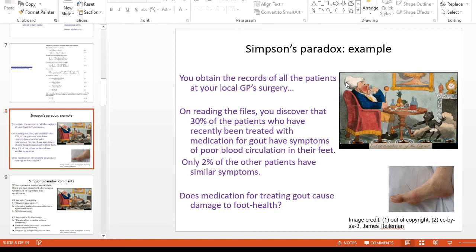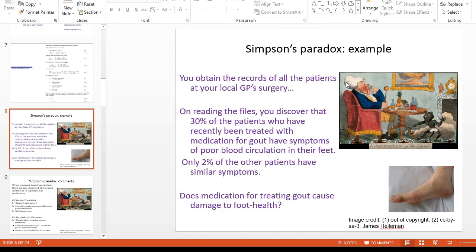Or in other words, do you believe the theologian Martin Luther, who said that medicine makes men sick? Is that the conclusion you draw from this data? Well, if you have a good faith in modern medicine, you say, of course not, because the medication for treating gout was only given to the people who were suffering from significant symptoms of gout.